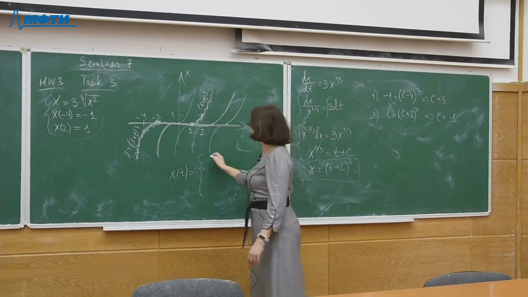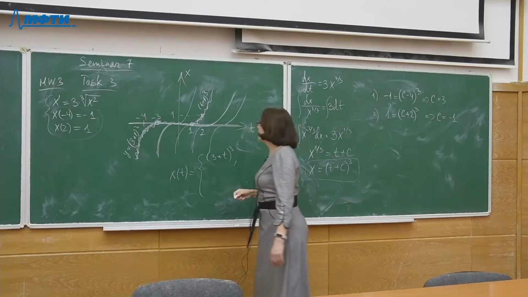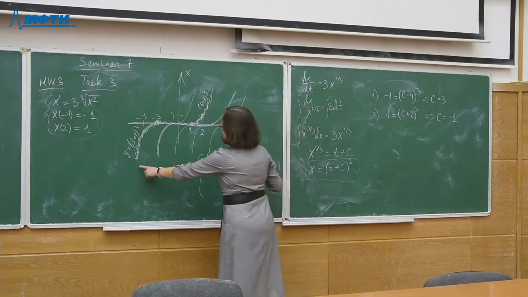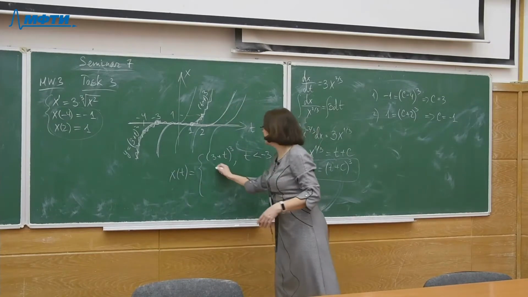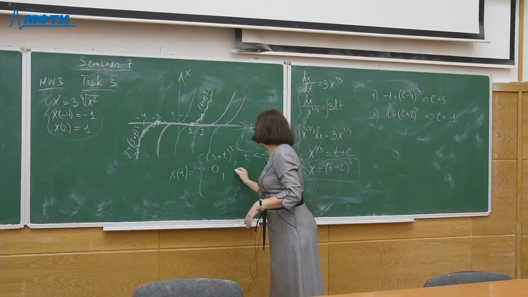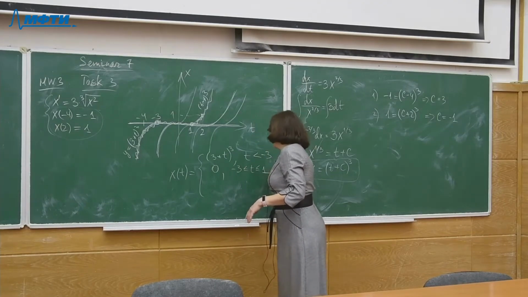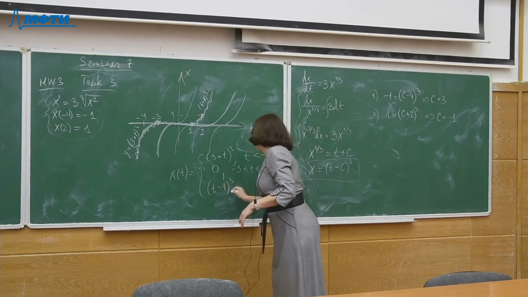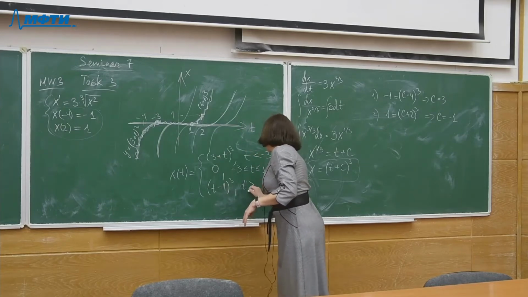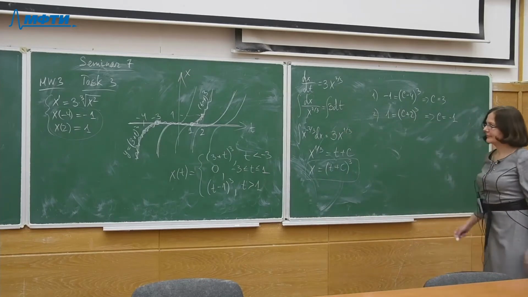It is equal to (3 plus t) cubed if t is less than negative 3. It is 0 if t is between negative 3 and 1, and it is equal to (t minus 1) cubed if t is greater than 1. Okay, so this is the answer.